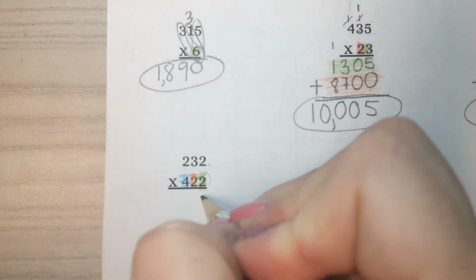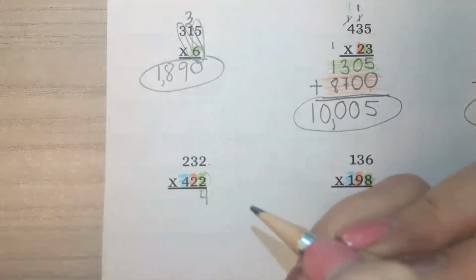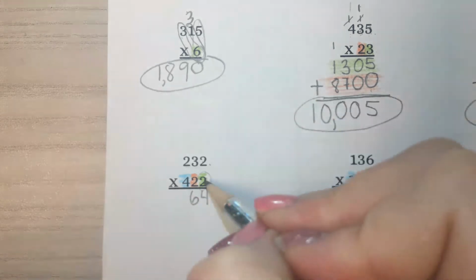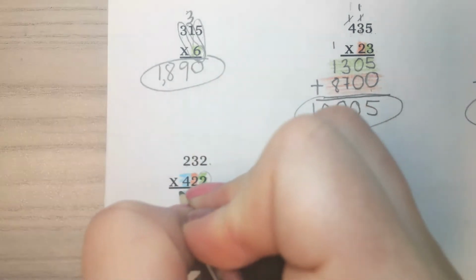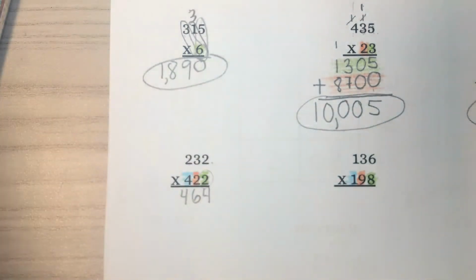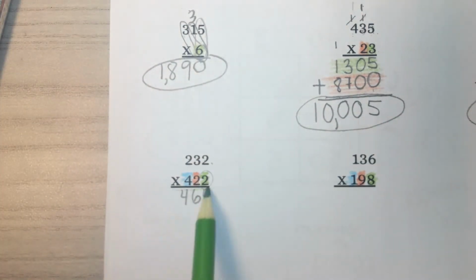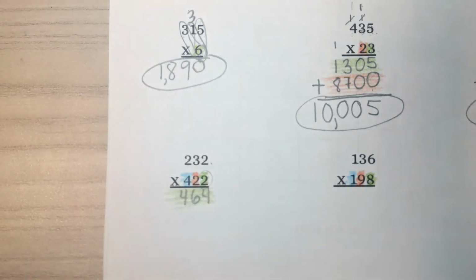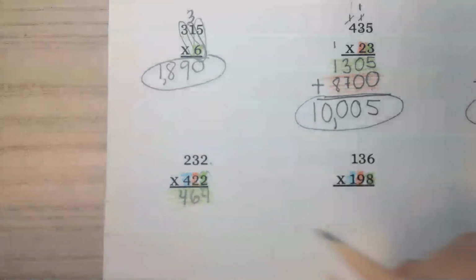So 2 times 2 is 4. 2 times 3 is 6. 2 times 2 is 4 again. I'm going to shade that in green because that was my first 2 multiplied by those digits.